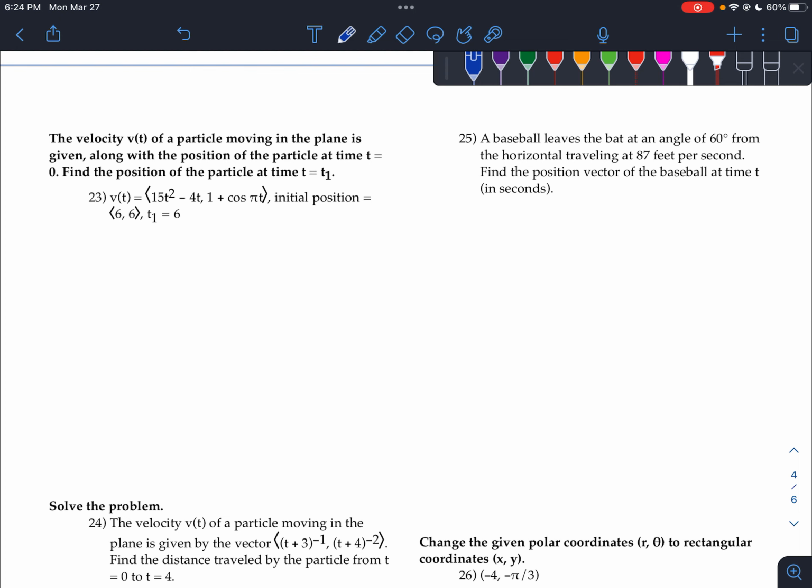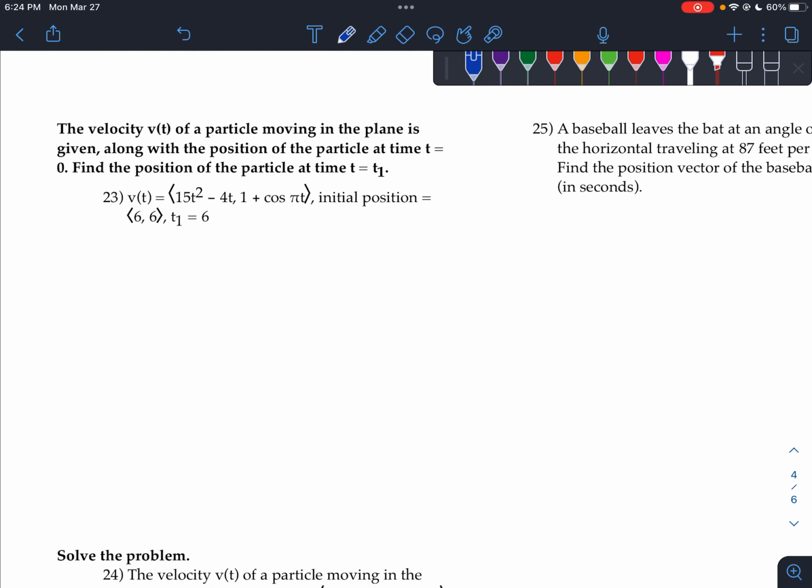So the velocity of a particle moving in a plane is given, along with the position at t equals 0, t equals 1. Find the position. So let's see, we're going to want to use an integral then. So r of t is going to be equal to the integral.